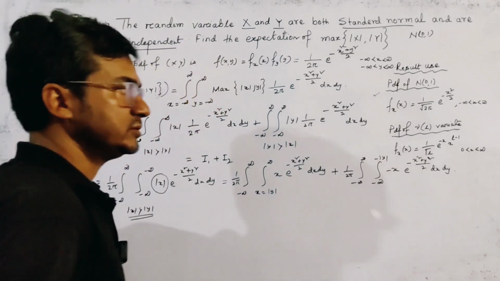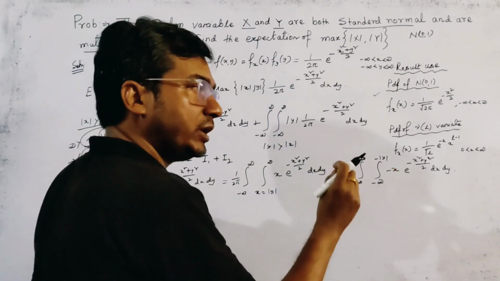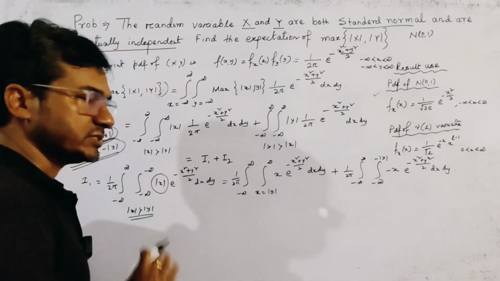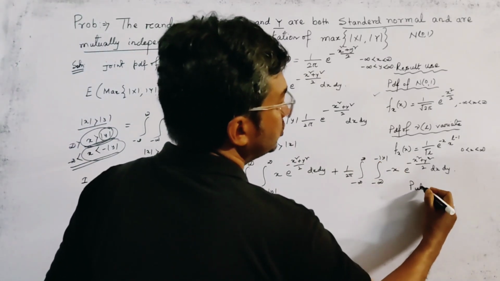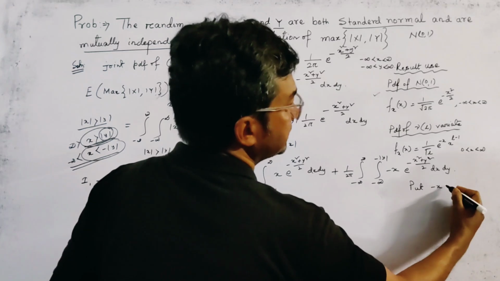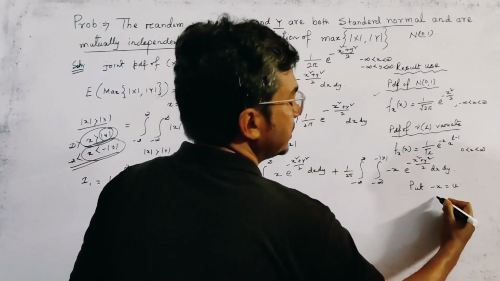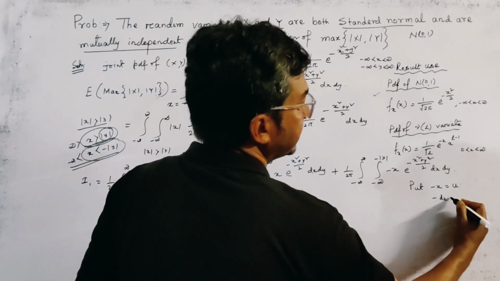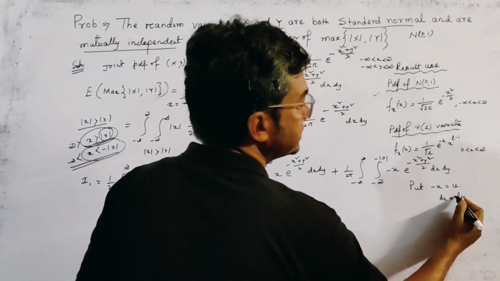Okay, now only in the second integration, not in the first, we put minus x equal to u. So we get minus dx equal to du, that is dx equals minus du.